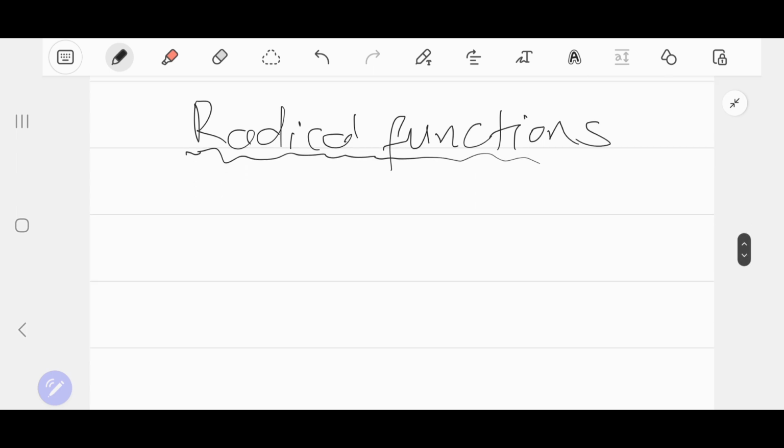So the first example, people, maybe let me start with this clear, simple one. This is a type of radical function also.